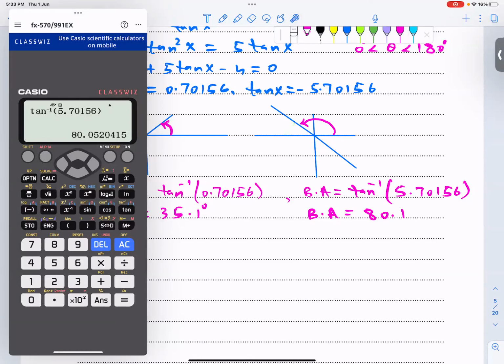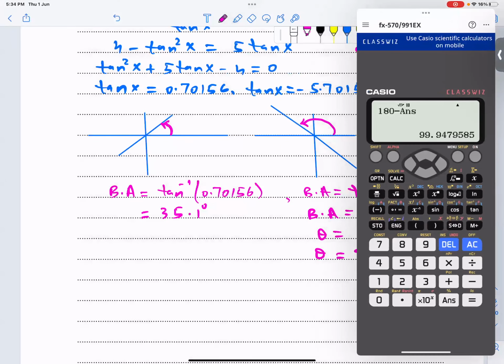So the required theta is 180 degrees minus 80.1 degrees, which is 99.9 degrees.